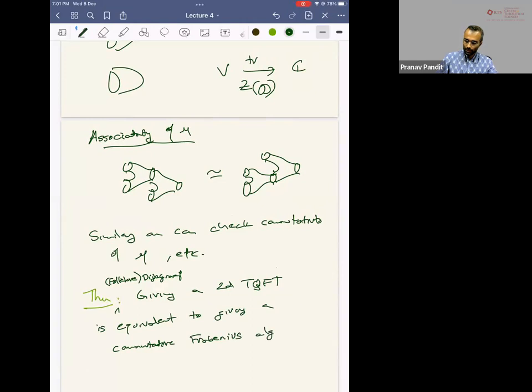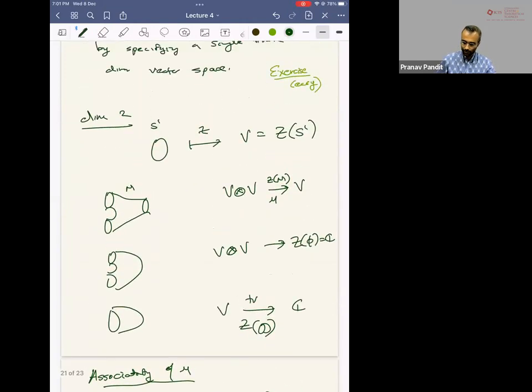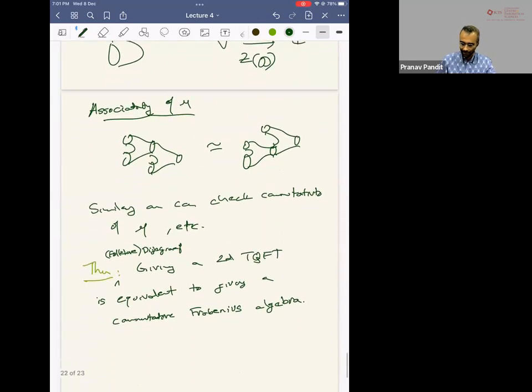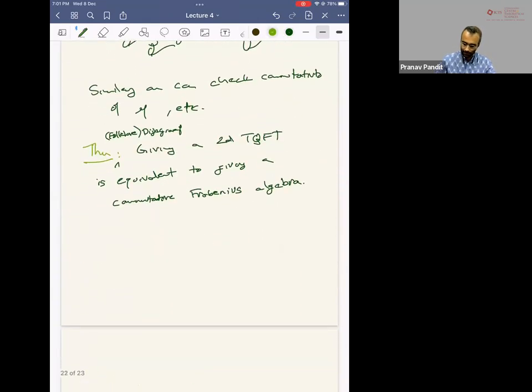A commutative Frobenius algebra is basically a vector space with a multiplication like the one I've written, which is associative and equipped with a trace map and an inner product, which satisfy whatever axioms you would get by writing out the pictures here. Since I'm out of time, I'm not going to write out the full definition. You can easily look this up. But maybe I can just write it: it's a commutative algebra A.